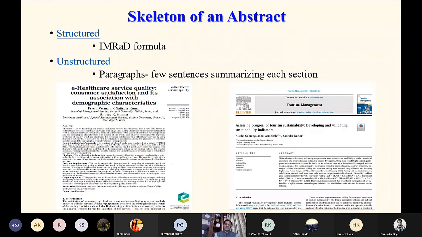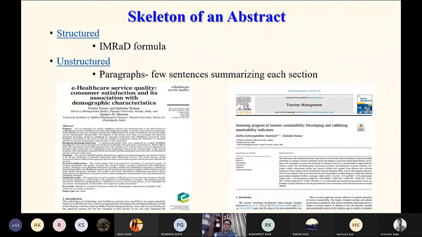It means in the same sequence we are going to include the information, but the only thing is that we are not going to have the subheadings for the abstract. Even in the unstructured abstract, first we are going to talk about the objective, then the research methodology, findings and the implications.